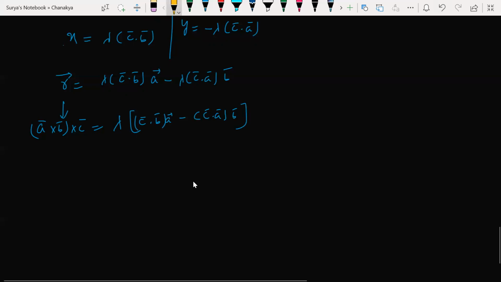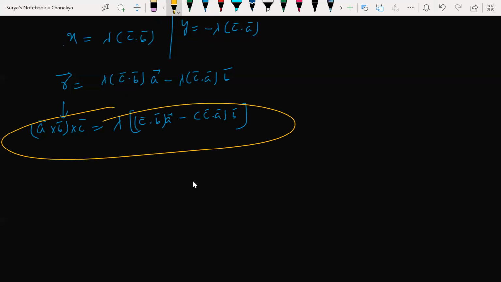So this is an identity, a vector identity.